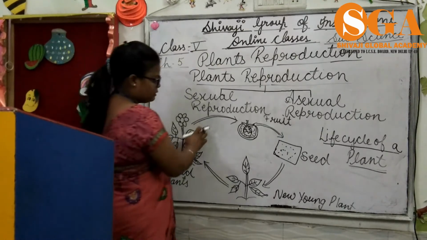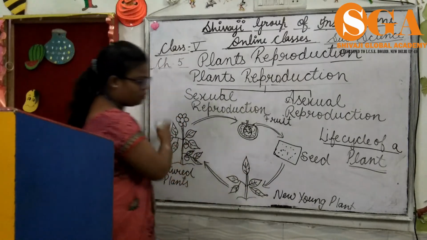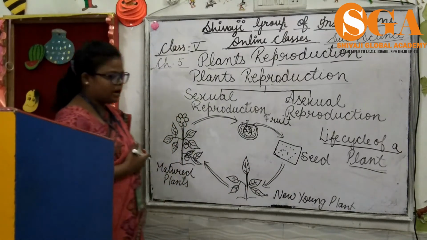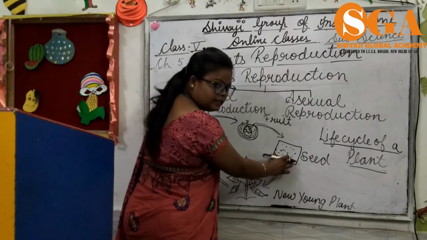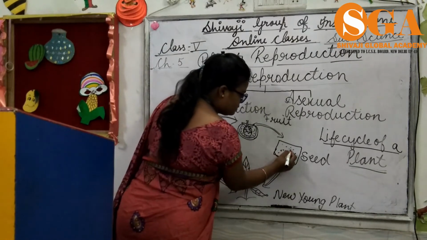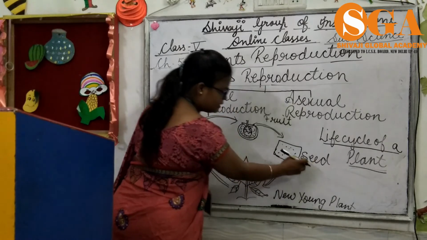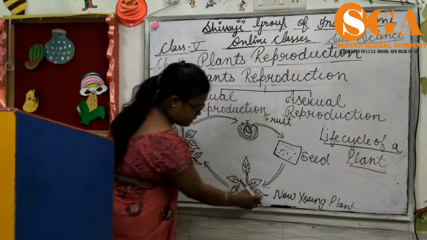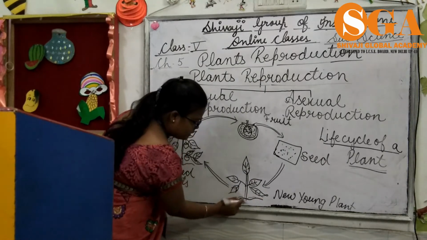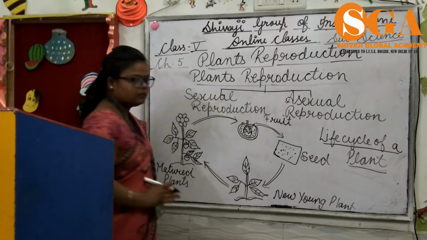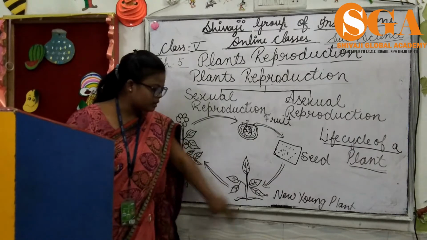Now you see the diagram of a life cycle of a plant. First you see seeds. After the seeds, the next stage is a new young plant. As you see, there is a young plant, that is leaves are coming.